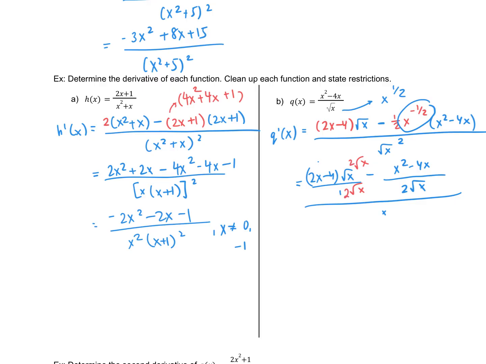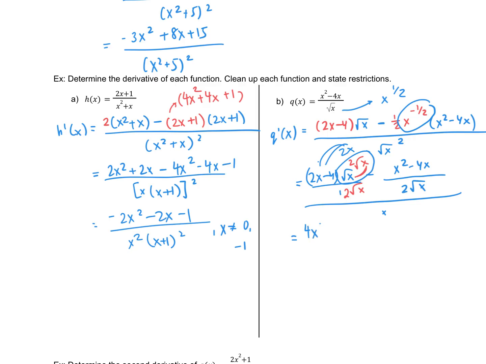And here's why I didn't distribute that root x in, because those will become a nice x, which is nice. So we're going to have the 2 is going to multiply. So this portion here just becomes 2x. So I'm going to distribute it in.